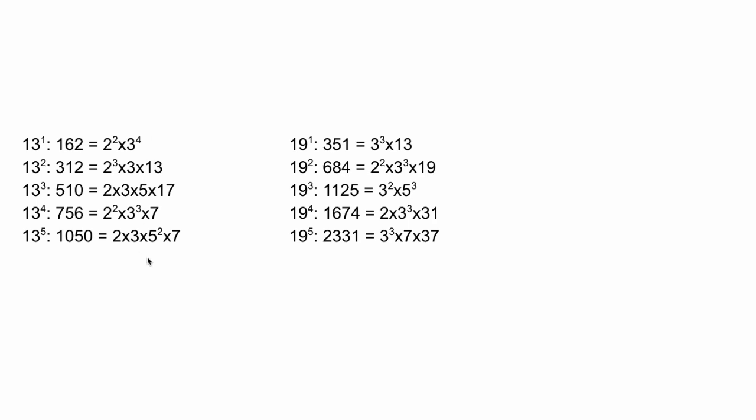Now, if you look at these numbers, in the 13 list, these numbers are all divisible by at least 6, right? There's at least 1 two and at least 1 three in this list. The numbers in the 19 list are all divisible by at least 9. Yeah, okay. So let's divide all these numbers by 6 and 9.